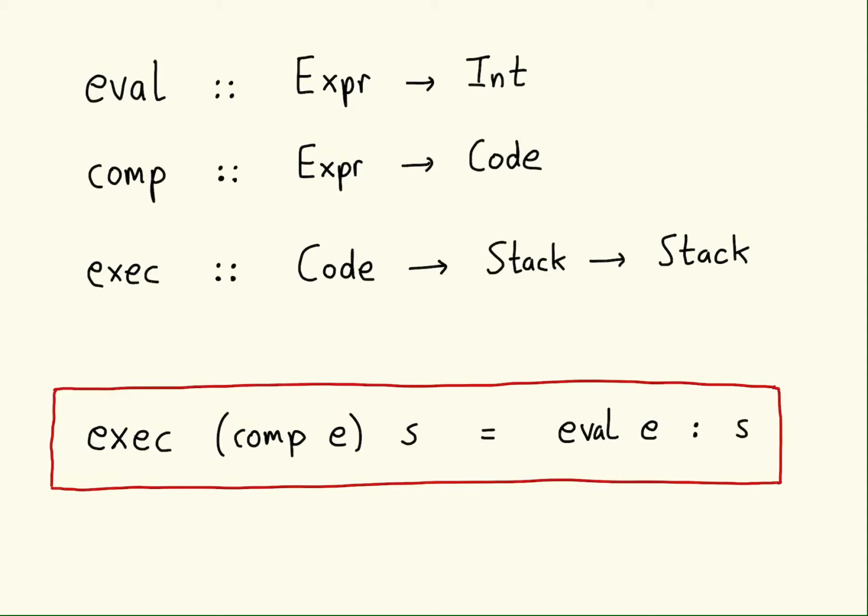The equational specification says if you compile an expression and then execute the resulting code using an initial stack, you will get the same stack back, but with the value of the expression sitting on top of the stack. So the name of the game in today's class is we want to prove that this equation is actually true for an arbitrary expression E.